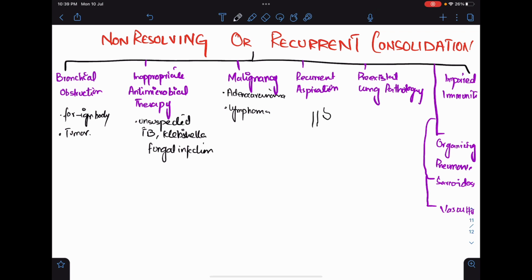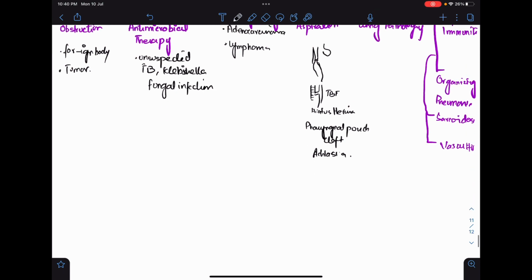Recurrent aspiration is due to pharyngeal pouch. It can occur due to achalasia. It can occur due to tracheoesophageal fistula, between the trachea and esophagus, a hiatus hernia, a pharyngeal pouch cleft, or chronic sinusitis.